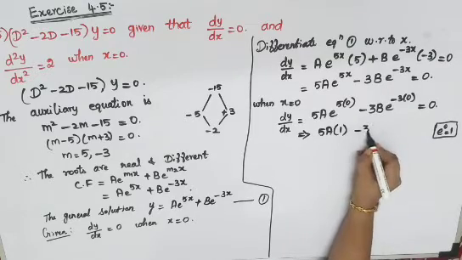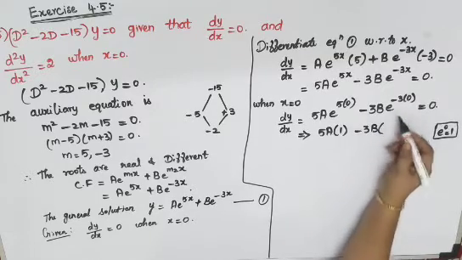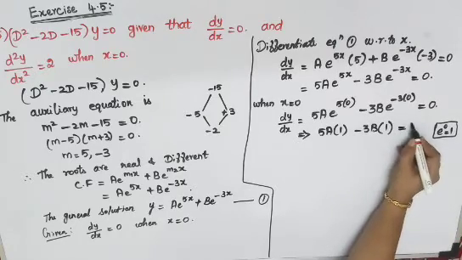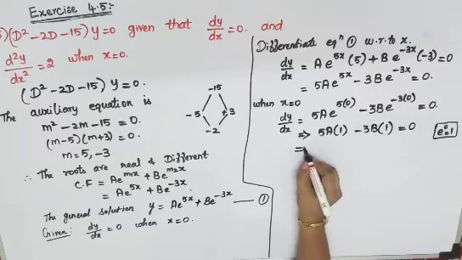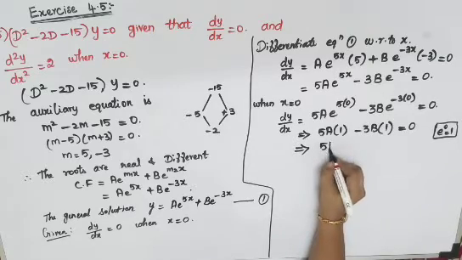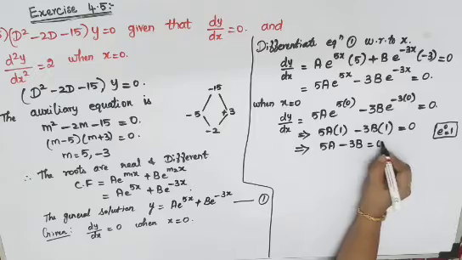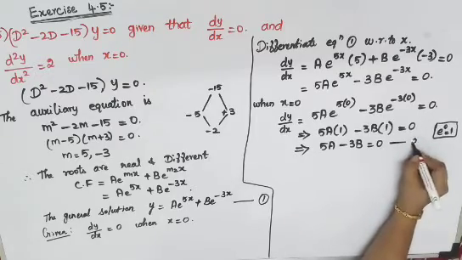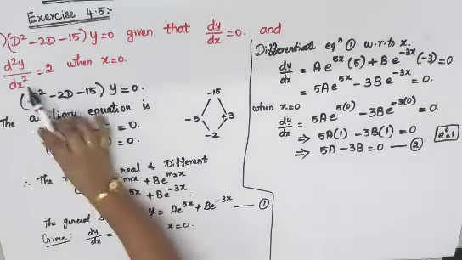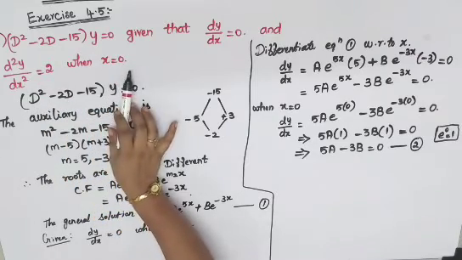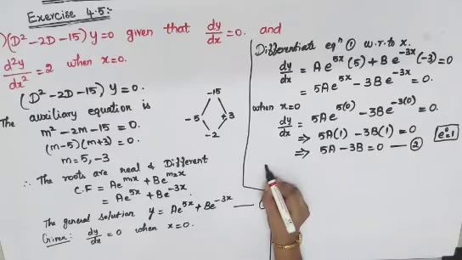Again minus 3b into e power 0, which is 1, is equal to 0. Therefore the last line of solving is 5a minus 3b is equal to 0. We'll declare this as equation 2. Again a condition is given: d square y by dx square is equal to 2 when again x is equal to 0. So I'll write it as given.